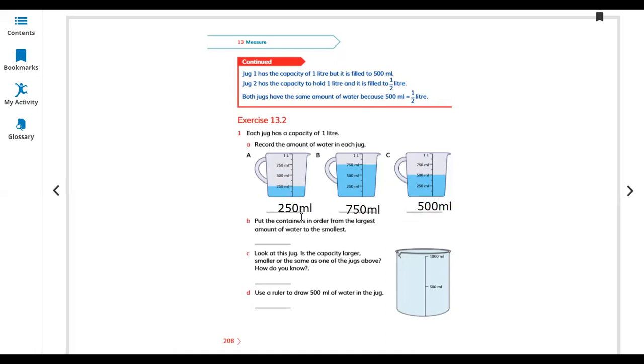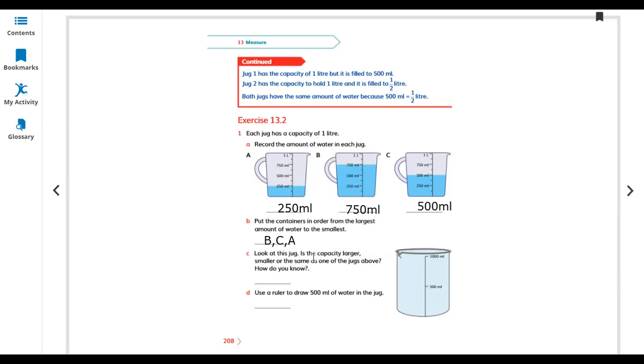Put the containers in order from the largest amount of water to the smallest. So first B, then container C, then container A. B, C, A.